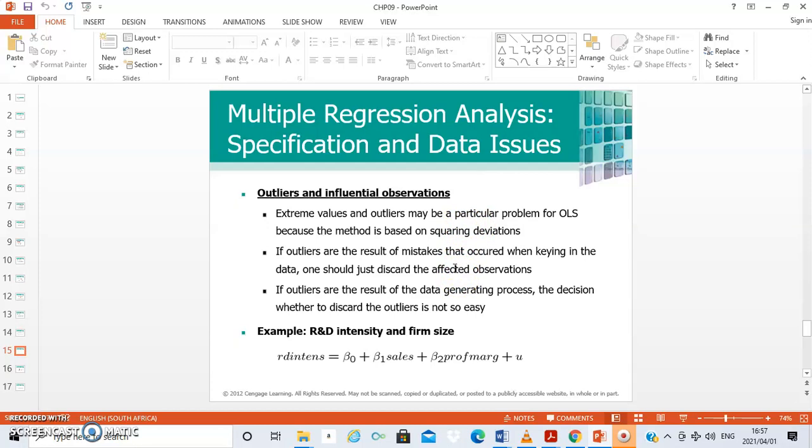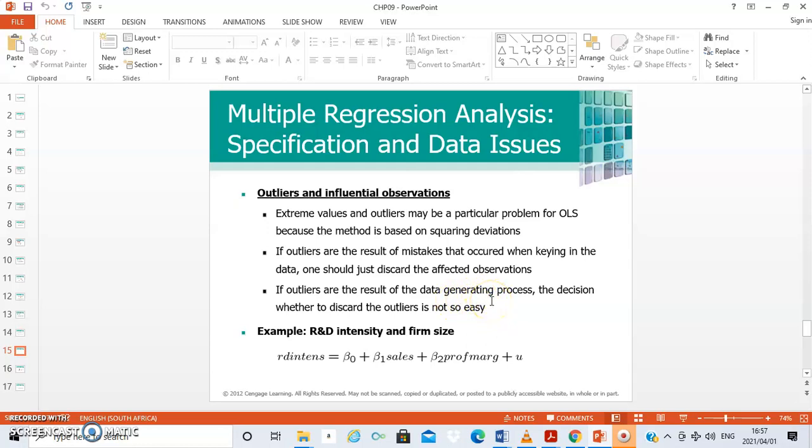They can either be excessively high or extremely low, and some can be as a result of us inputting the data into the Excel sheet, or it could be an issue of the data generating process. And therefore that makes it very difficult to decide whether we can discard or not discard the outliers.